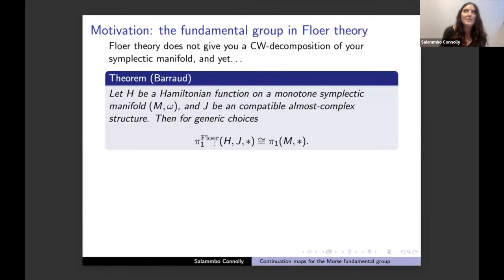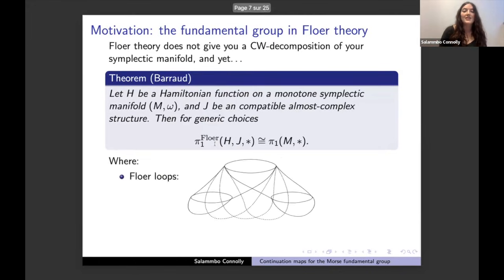Floer theory can be seen as an infinite dimensional generalization of Morse theory, but in general, you don't get a CW decomposition of your symplectic manifold. Yet Barraud proved in 2018, I believe, that if you have generic choices of a Hamiltonian and almost complex structure, you can use them to build the fundamental group of your manifold.